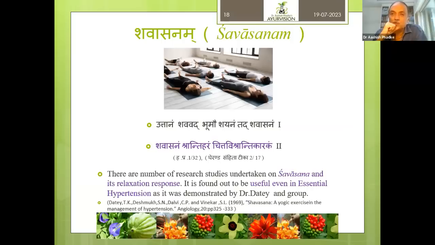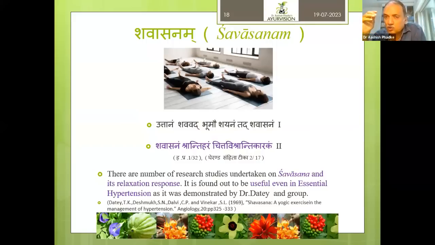But in this case, it is very high. Usually it is because of some reason, like renovascular hypertension, where there is some problem with the kidney, so the BP shoots up, or there is something pertaining to the heart itself. But here you never know what is the real cause, and it is just like that. So it is considered essential hypertension, and most of these people were not responding to the then available modern medication.